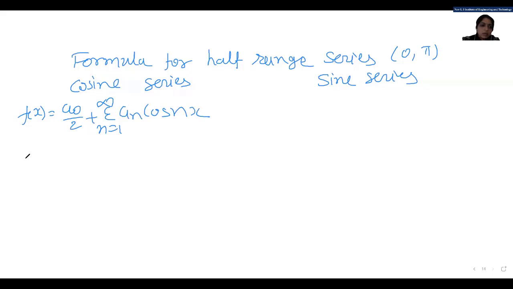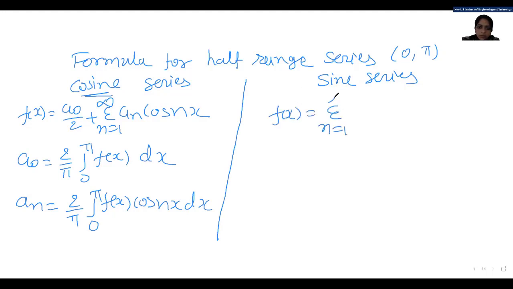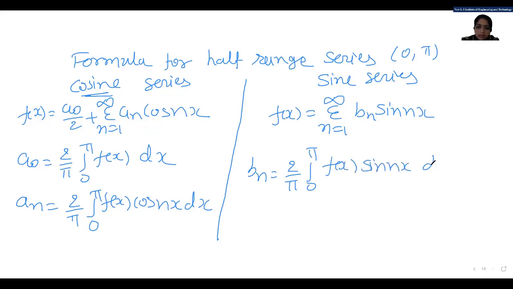Here a0 is 2 by pi integral 0 to pi f of x dx. And an is 2 by pi integral 0 to pi f of x cos nx dx. This is the formula for the cosine series. And for the sine series, f of x equals summation n equals 1 to infinity bn sin nx, and bn is 2 by pi integral 0 to pi f of x sin nx dx.